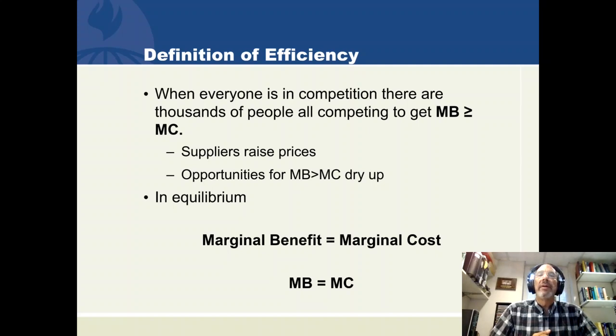So in equilibrium, marginal benefit equals marginal cost, MB equals MC, and you will see this definition again and again as the definition of efficiency. This is a really important bit of your economics training, by the way.